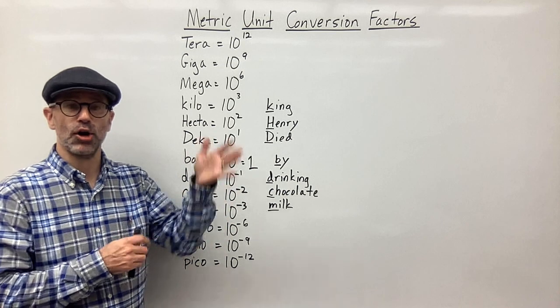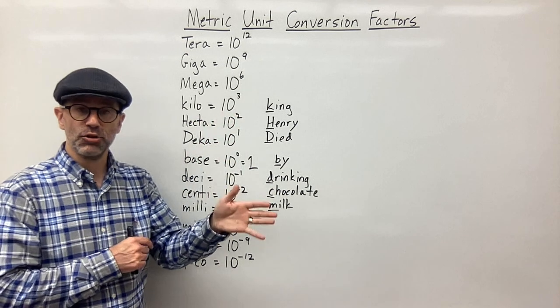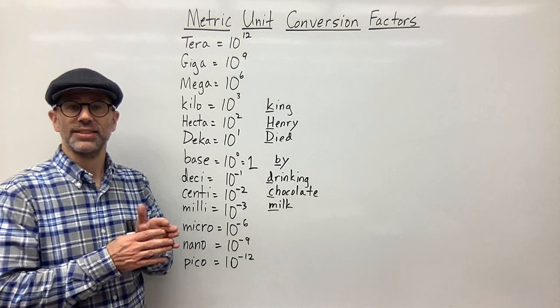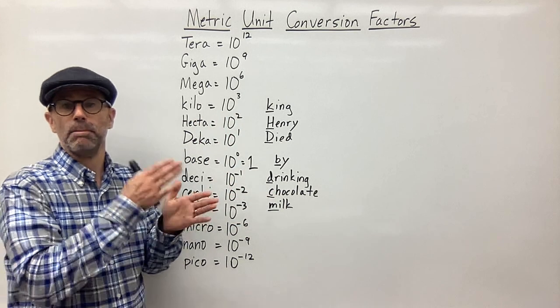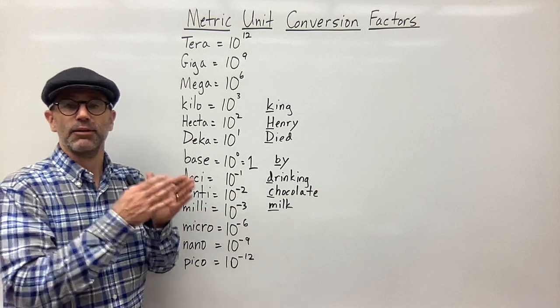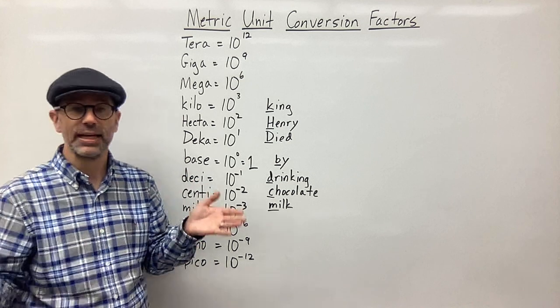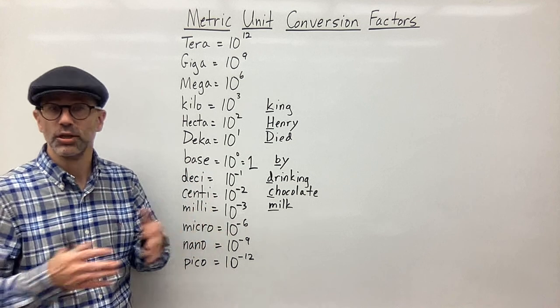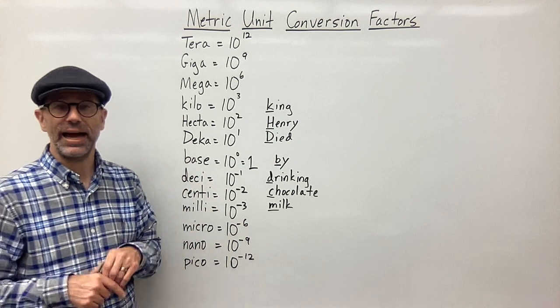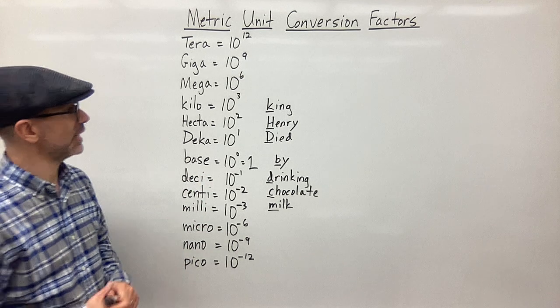So you'll have to convert one metric unit with a prefix, say megagrams to grams, and then convert grams to, say, micrograms or something like that. So let's get into this.